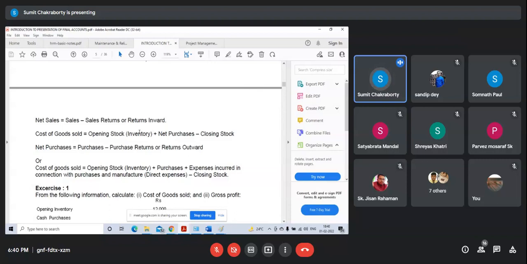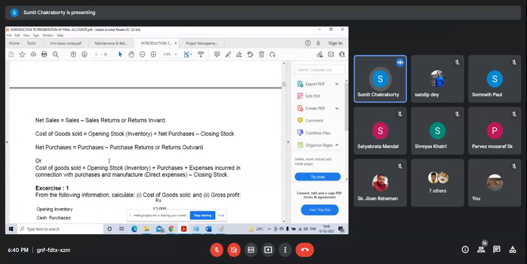You have come across the term inventories or stock, the same thing, in the bookkeeping section. That is an asset, right? Net purchases: purchases minus purchase returns or returns outward.